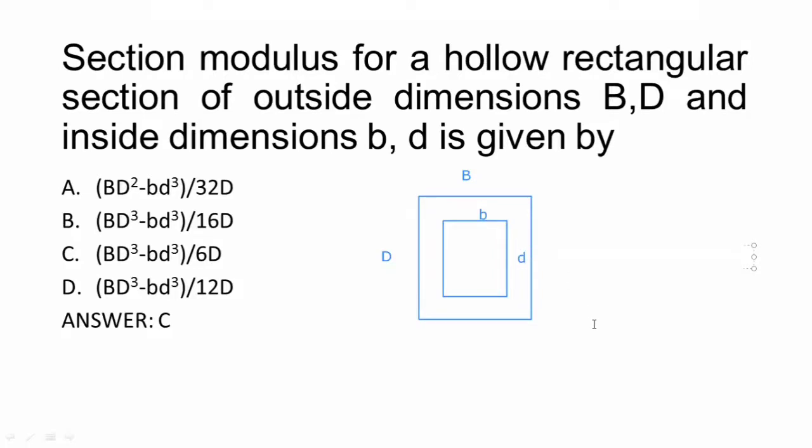So if you simplify this, what you will get is, Z for a normal section is b d square by 6, not d cube by 6. It is b d square by 6. So if you apply that equation for this particular diagram, you will get option C as the correct answer. Okay, let us go to next question.